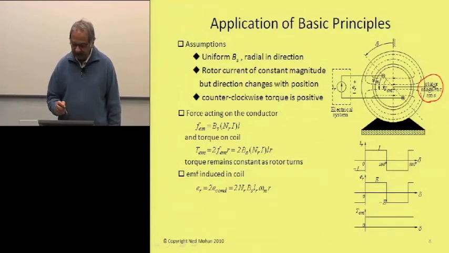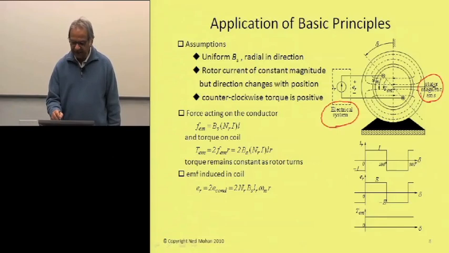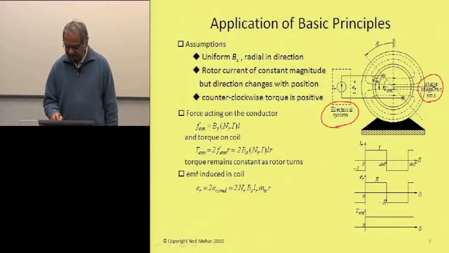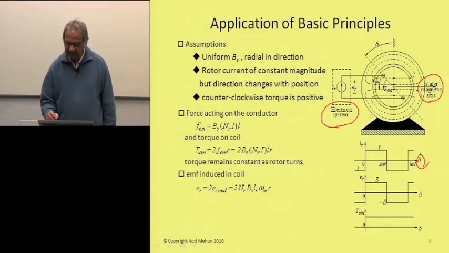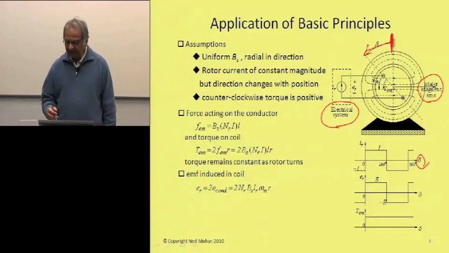Then we have a coil on the rotor, and this coil is being supplied by this electrical system with a current I sub r. The wave shape of this current depends upon the position as shown here. Delta here is measured with respect to this reference axis in this direction. So the current is dependent upon this position, and it's plotted like this here.